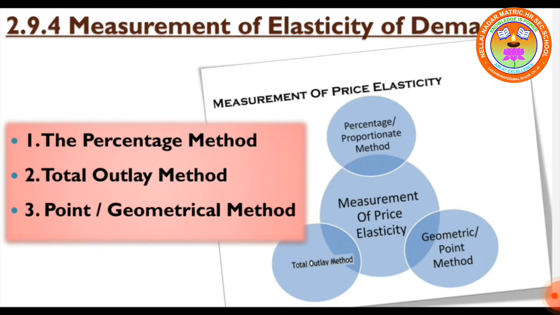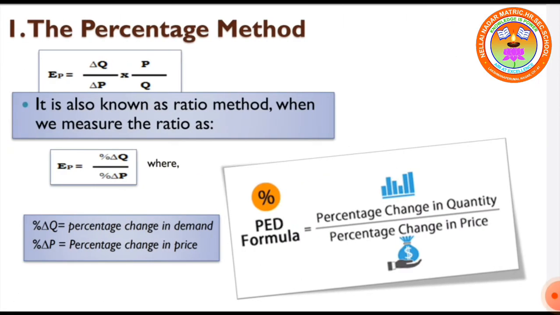These are the three different methods to measure the elasticity of demand. The first one is the percentage method. The equation: price elasticity of demand, Ep, is equal to delta Q divided by delta P, into P divided by Q. It is also known as the ratio method.